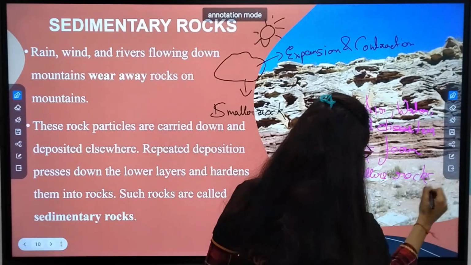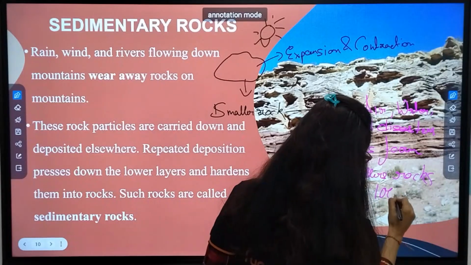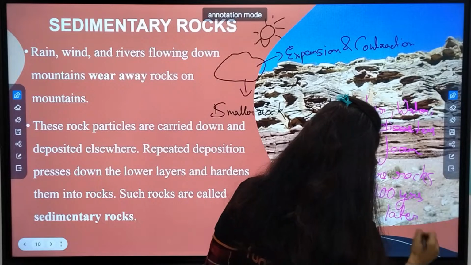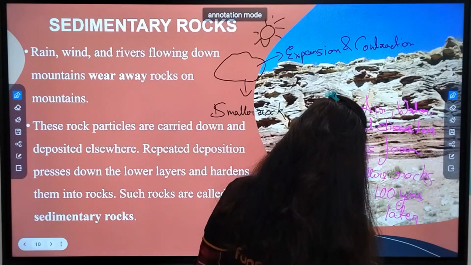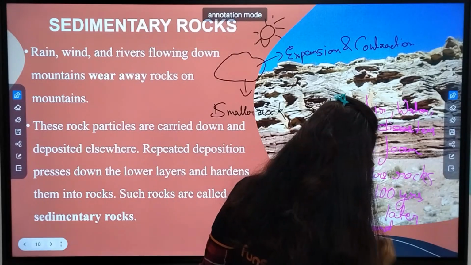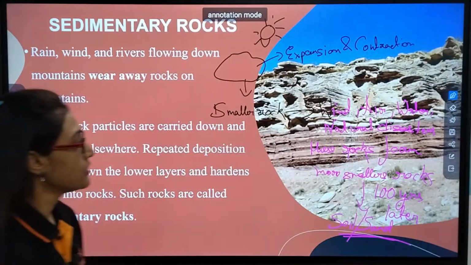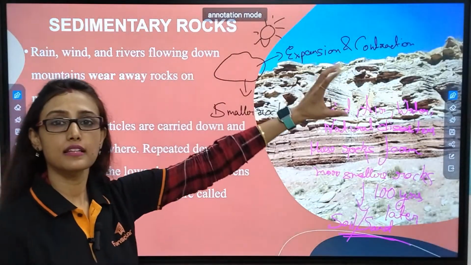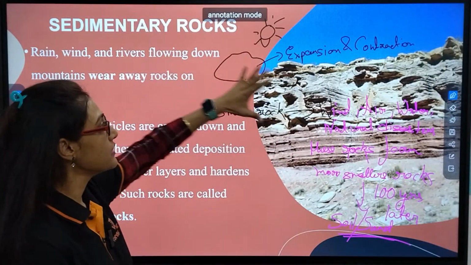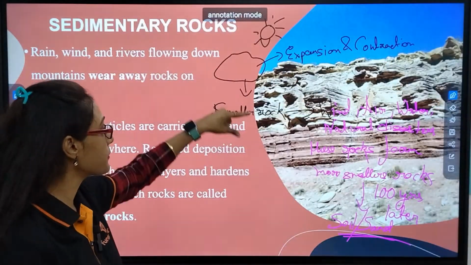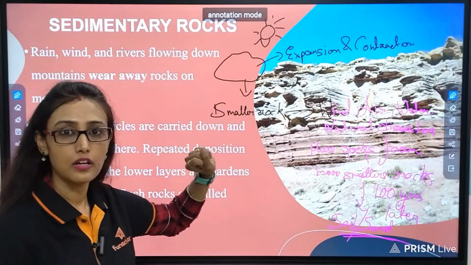And after, suppose, 100 years later, it forms soil or sand. Okay? Understood what is happening? Due to various weathering conditions, due to expansion and contraction, a bigger rock is being broken into smaller rock.